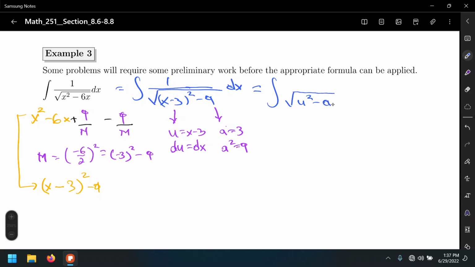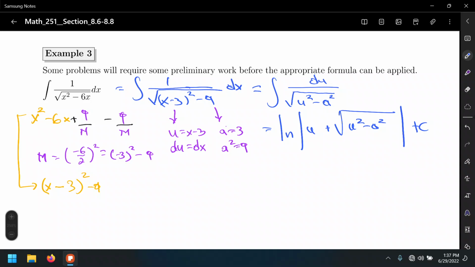Sometimes my a's look like 9, so hopefully this one is clear. And well, the integral of du over the square root of u squared minus a squared is simply ln of u plus the square root of u squared minus a squared plus c. And of course, that's an integral that also comes from using, what's this called? Trigonometric substitution, right?